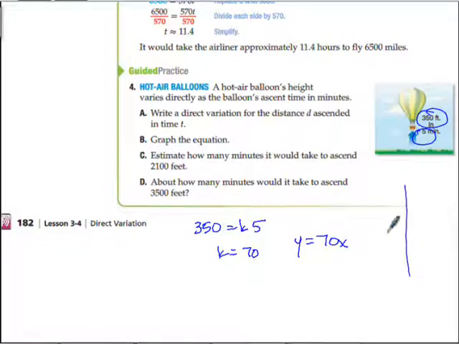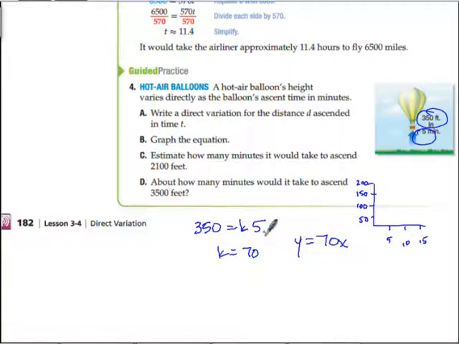Graph the equation. We're not going to go negative feet or negative time, so let's just graph it here. Say we have minutes: 5, 10, 15, and here we'll say 50, 100, 150, 200.